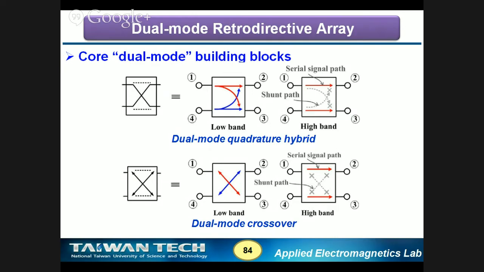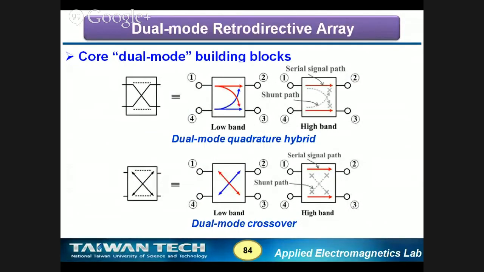The signal has no way but to flow from port 1 to port 2, and from port 4 to port 3. They just look like a pair of isolated transmission lines in the high band.